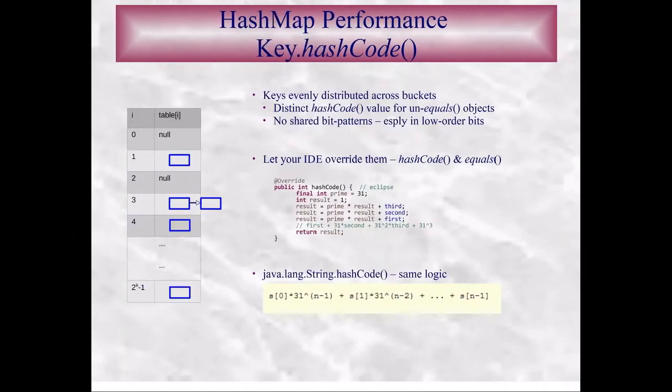So how to implement the hash code? The key hash code is crucial for the performance of your hash map. How to implement it? The answer to that is use your IDE to implement hashCode and equals. It does them both. Your IDE would implement hashCode and equals on the fields you tell it to.